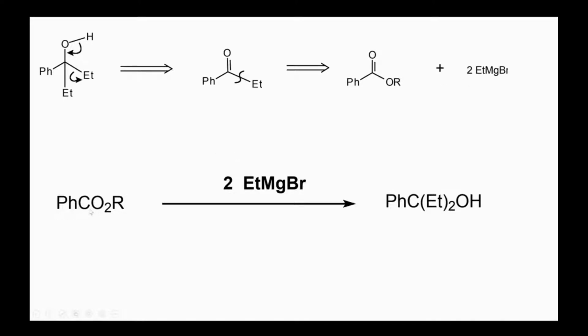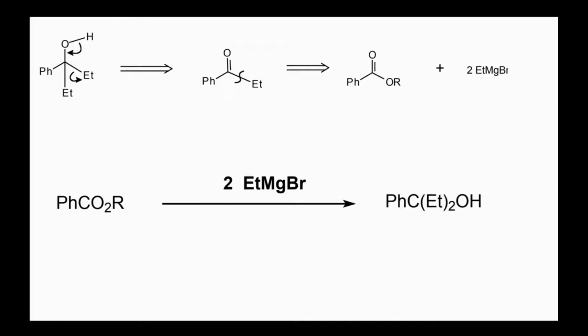So for example, this is ester now. If you react this ester with Grignard reagent, you will get the alcohol. So this is how you can prepare alcohols starting from Grignard reagents.